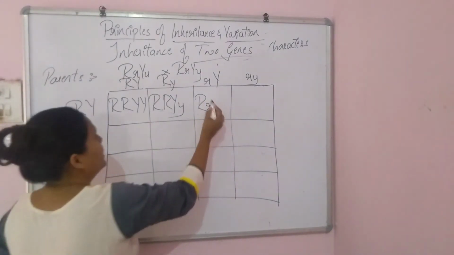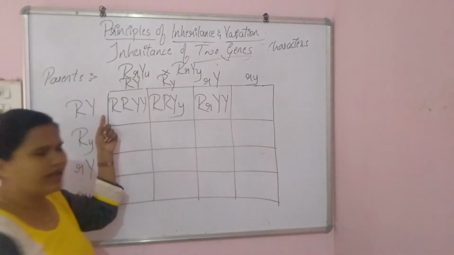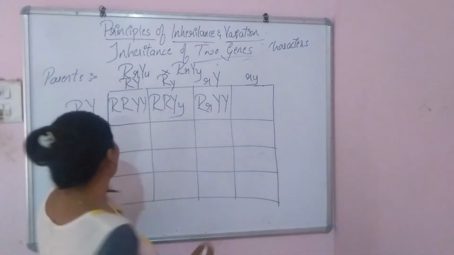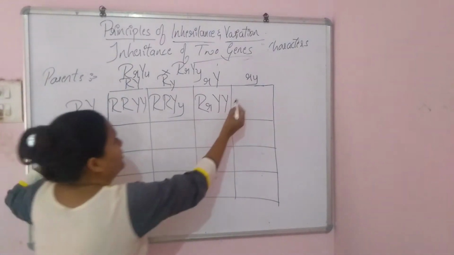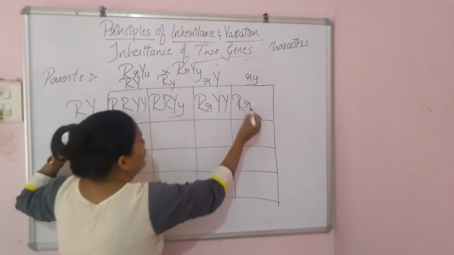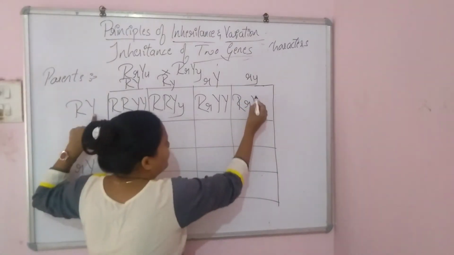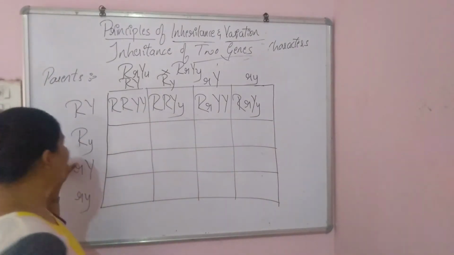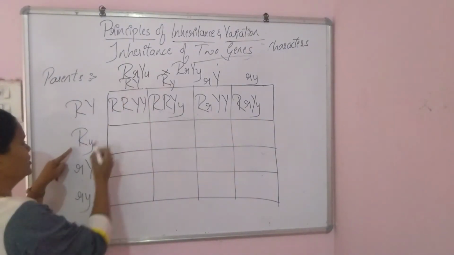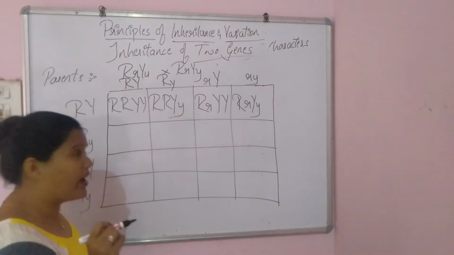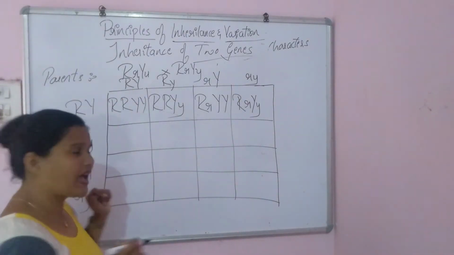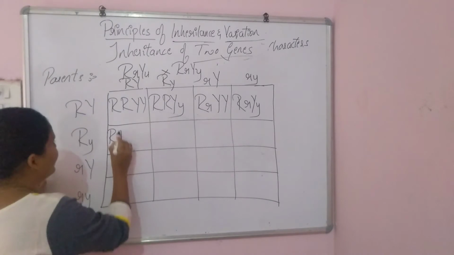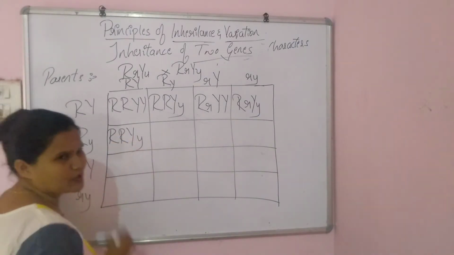Here we have the capital Y and also here the capital Y. And here we'll get the capital R, small r and capital Y. Here is the presence of small y, right? And again the same we have to do here also. The capital R and small y crossing with the capital R and capital Y, that is capital R and capital Y and small r.